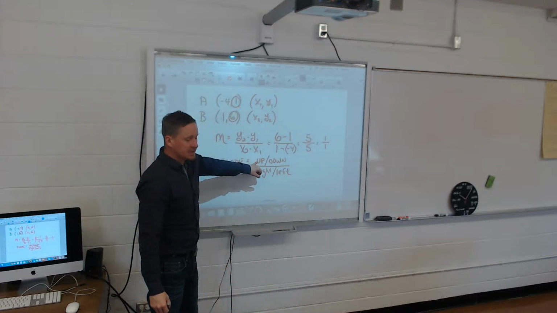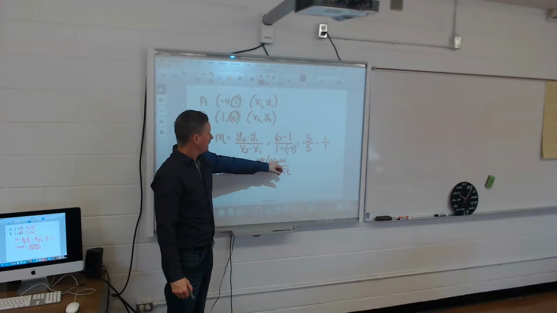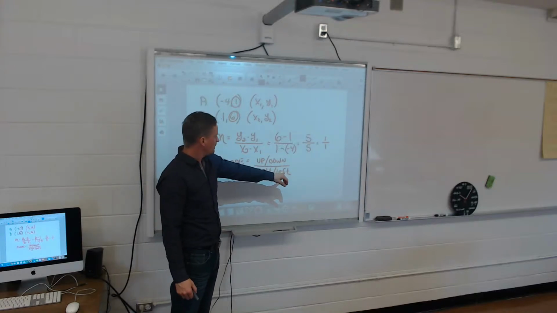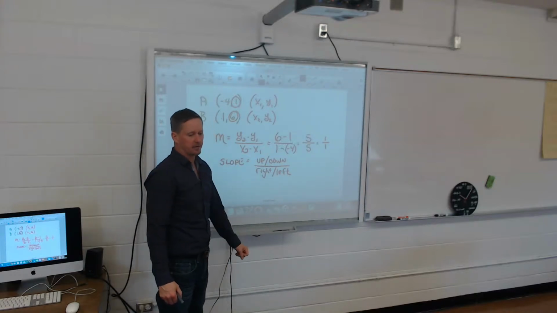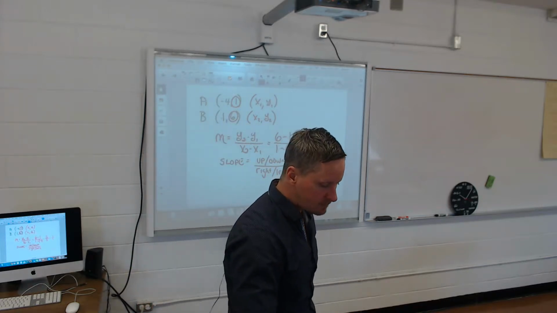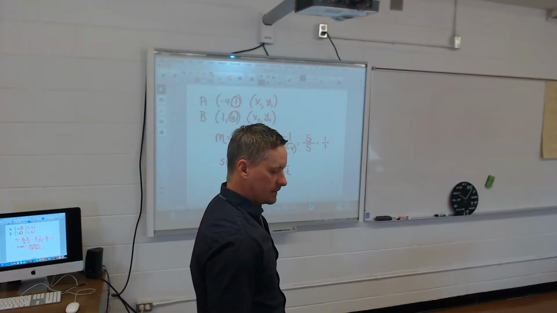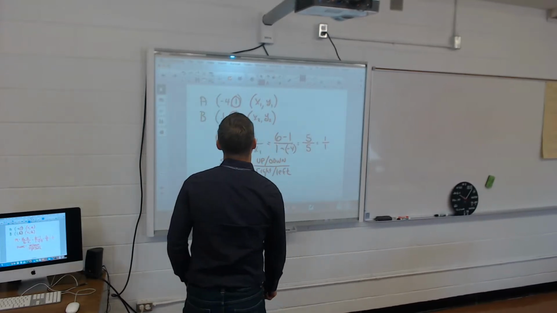So if the top is positive, it goes up. If the bottom is positive, it goes right. If it's negative, it goes down. If it's negative, it goes left. Okay? Give you a second to copy that down.